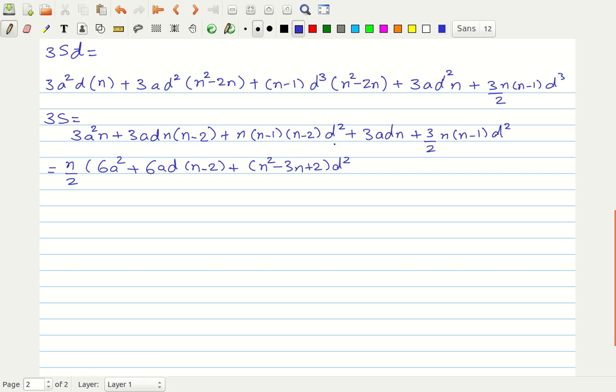There is a reason I am expanding it, because in the end we'll have to simplify, collect all the terms of d square and cancel each other.